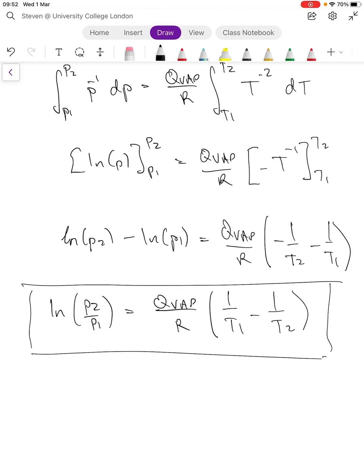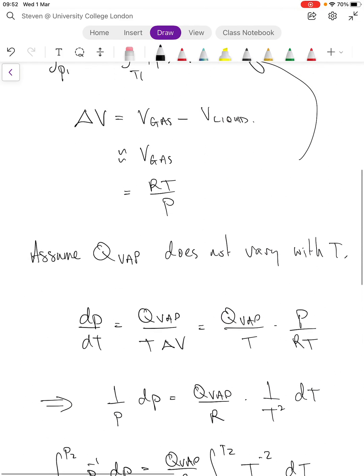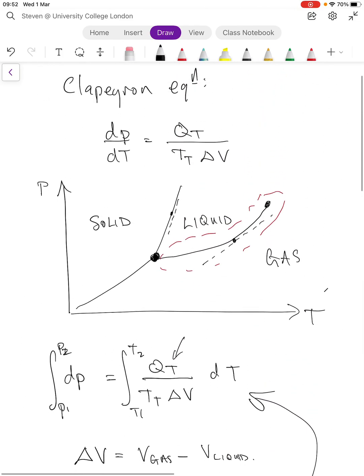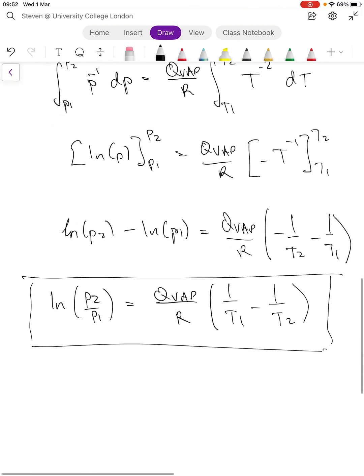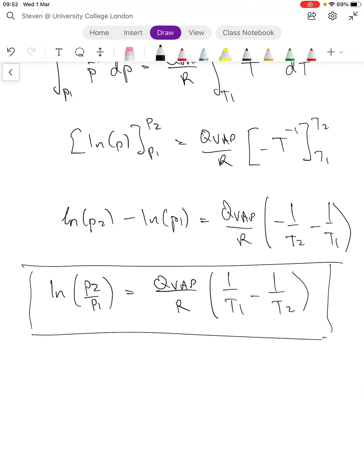And so again, just to re-emphasize, the Clausius-Clapeyron equation applies only to the liquid-gas phase coexistence line, and to be clear, we have made several approximations in deriving this expression, but these approximations turn out to work fairly well, and we used this expression to calculate an example.